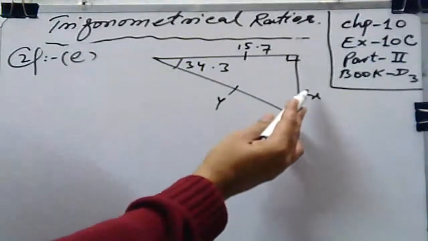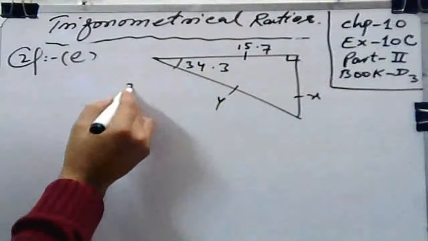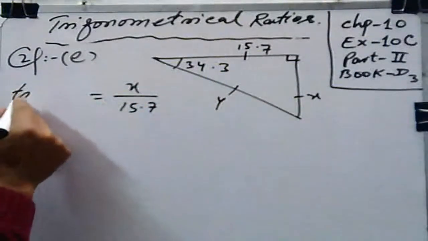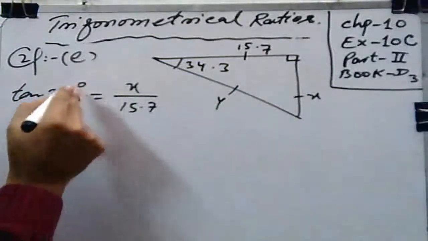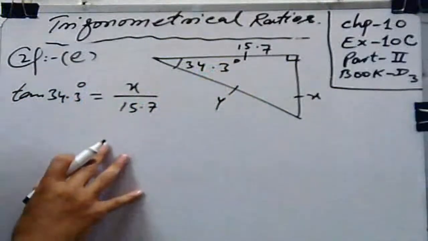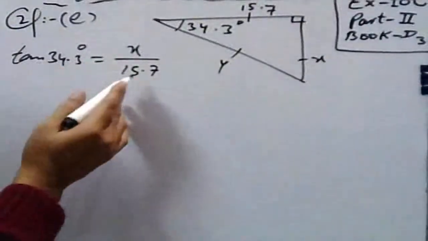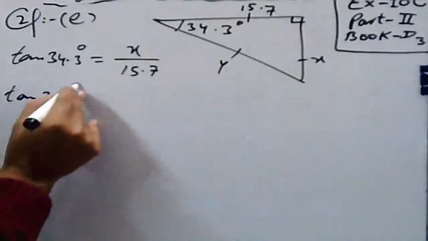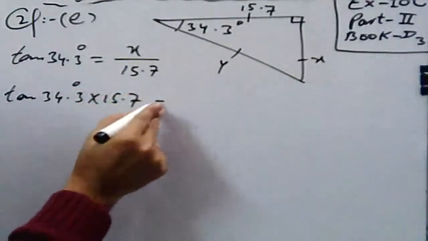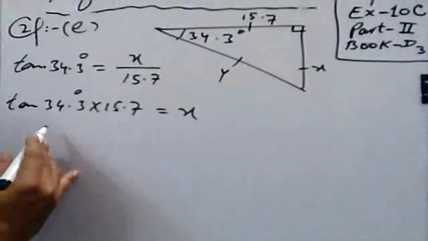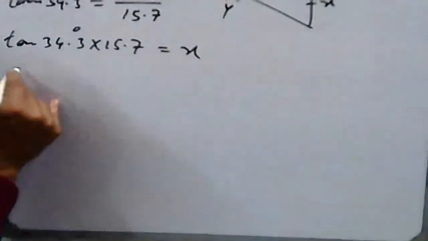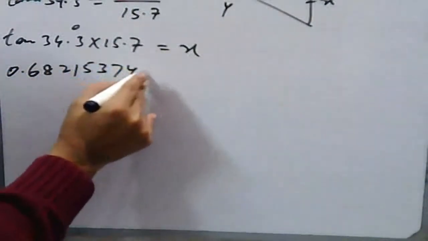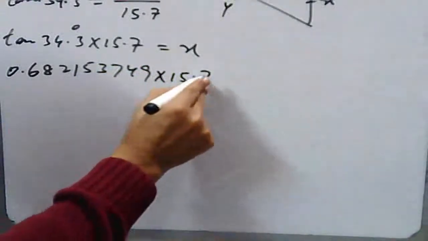So you can see when you take this angle, in front of it is your opposite. So when you take the opposite angle, what is the ratio? That is opposite by adjacent. Opposite by adjacent is known as your tan 34.3 degree. We need the value of x, so by using cross multiplication, tan 34.3 degree multiplied by 15.7 is equal to your x.